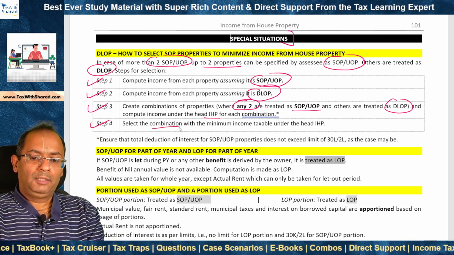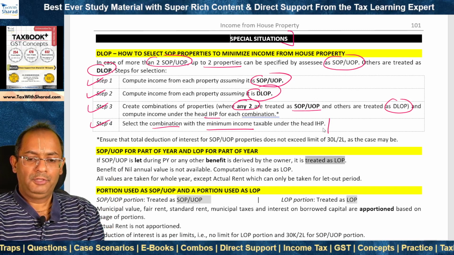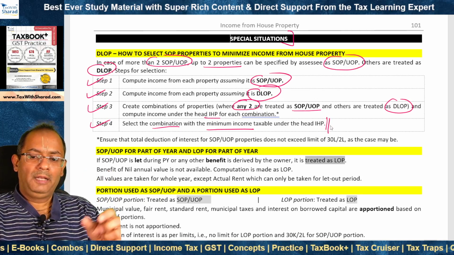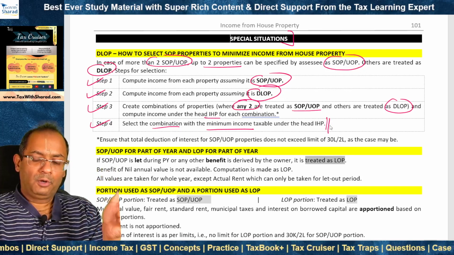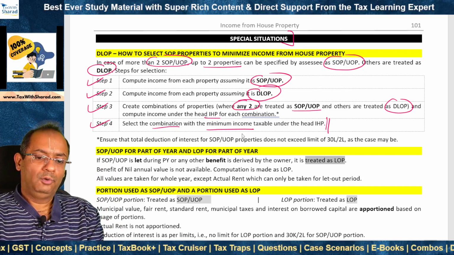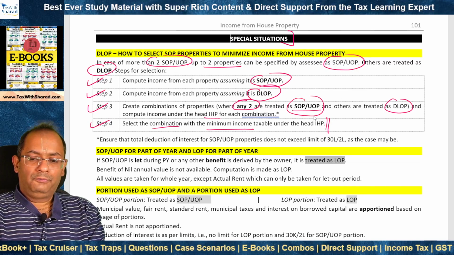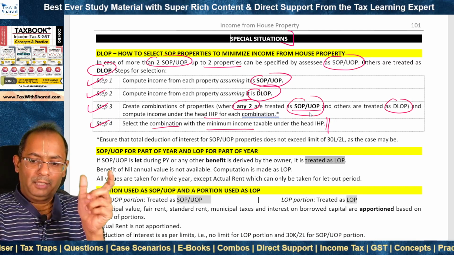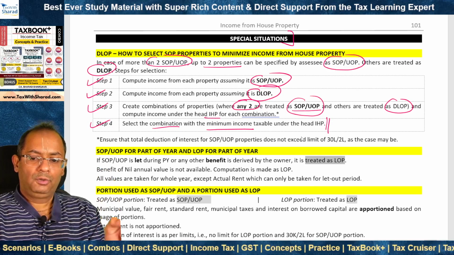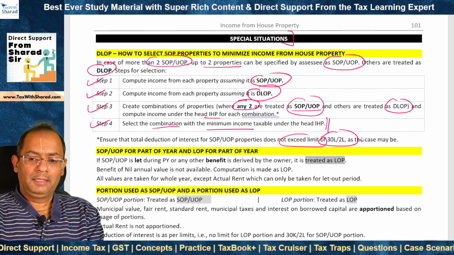In step 4, we select the combination with the minimum income which is taxable under the head IHP, that is the most beneficial to the SSE, and accordingly, depending on the selected combination, we earmark the 2 properties as SOP UOP and the other properties become DLOP. Now when we are making this computation for these combinations, in respect of SOP UOP properties, when we are allowing the deduction in respect of interest, we should ensure that it should not exceed the limit of 30,000 or 2 lakh as the case may be.